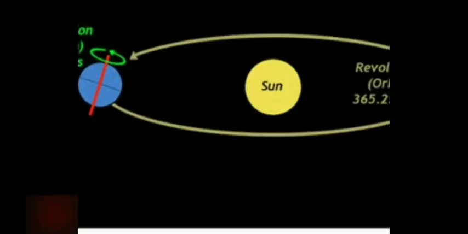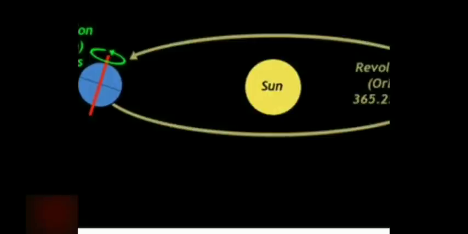The next picture, you can see the yellow sun and the blue earth. As the earth is moving around itself, you can see it has created the red line in the center. It's an axis of the earth and it is moving around itself.